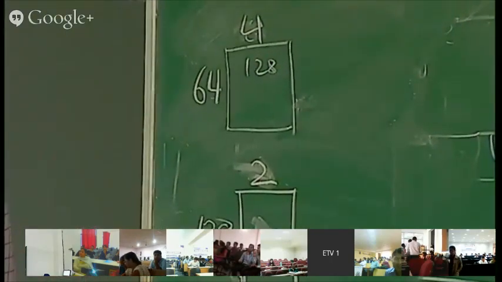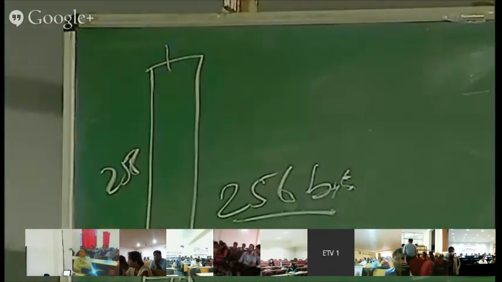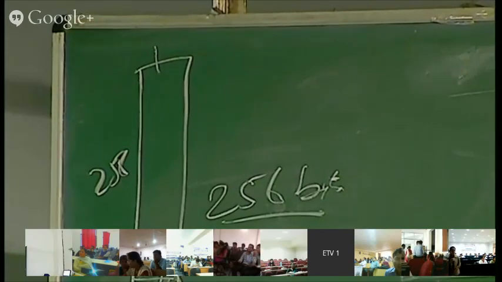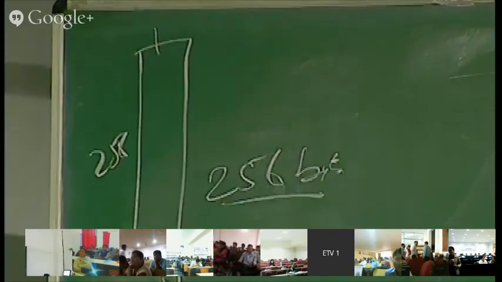Now, if I want to make a memory of 256 bits, I can organize it in these ways: 256 cross 1, then 64 cross 4, 128 cross 2.